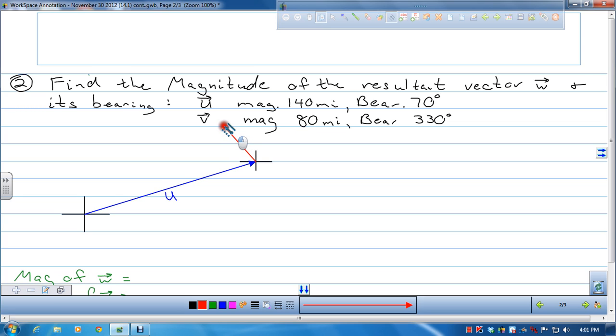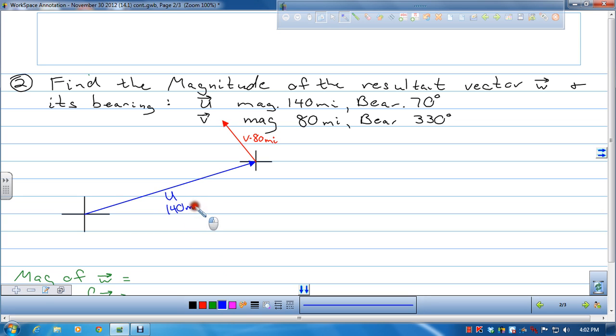We'll call it about right there. We're going to have to start piecing things together, but we'll take care of that in just a second. So that was v, and this is 80 miles. This down here was 140 miles.